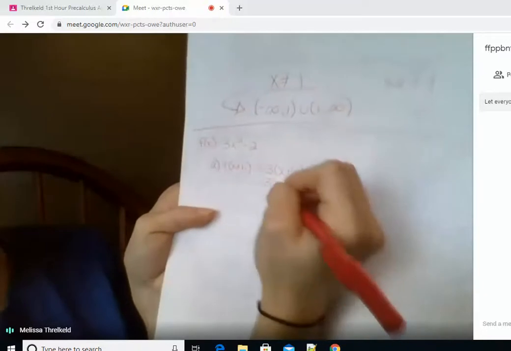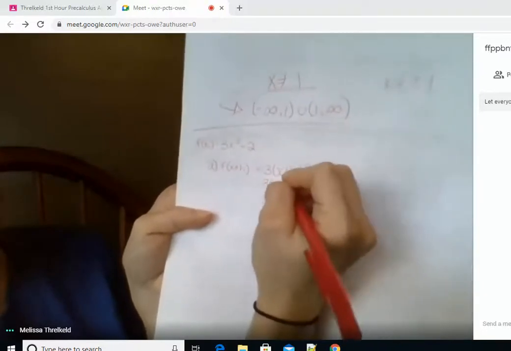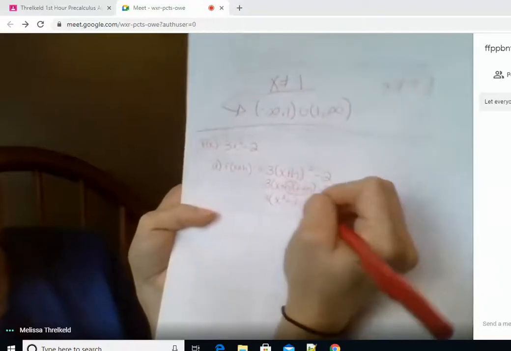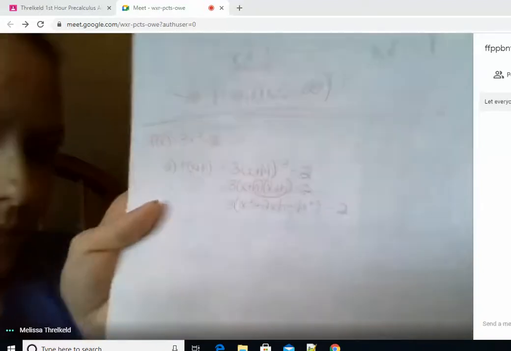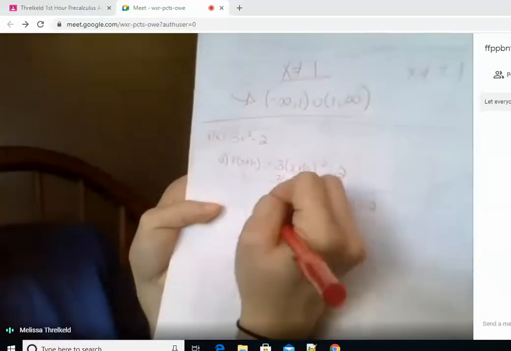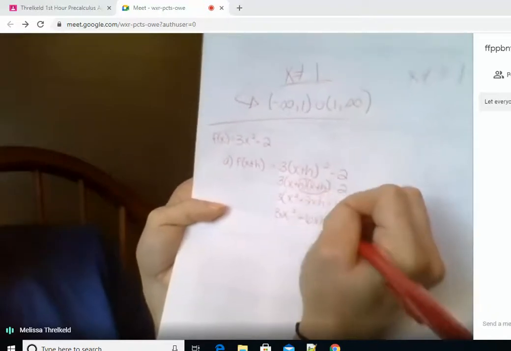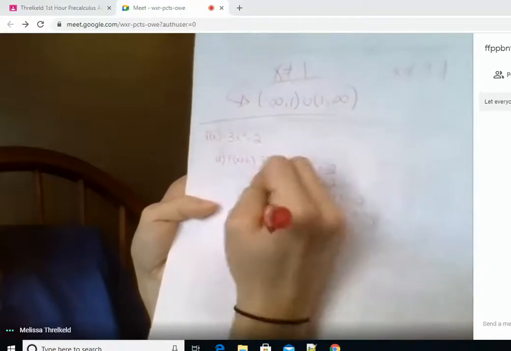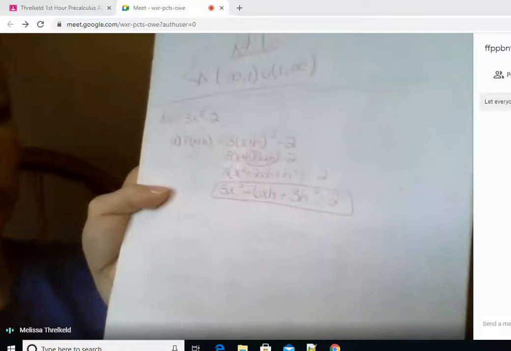So if I FOIL that, I get x squared plus xh and plus xh would be a 2xh. And h times h is h squared. Then if we distribute your 3, you get 3x squared plus 6xh plus 3h squared minus 2. Okay, that would be how I would ask part A, just the f of x plus h.